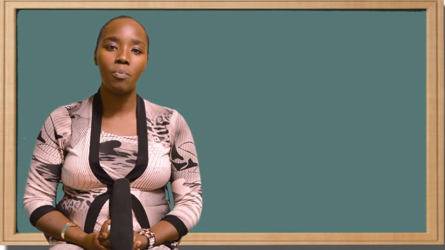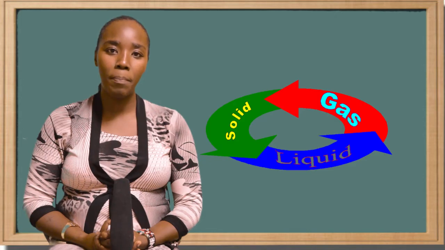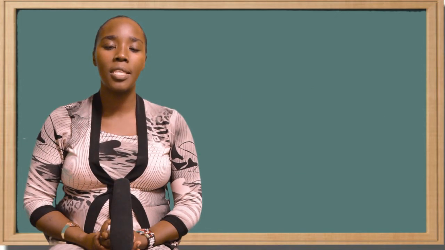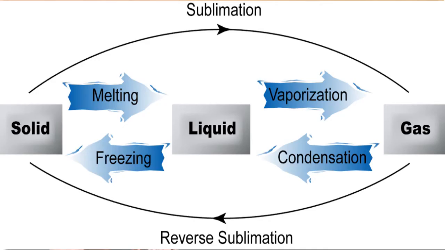They can change from one state to the other depending on anything that they are subjected to. So, if we have the solid, the liquid, and the gas, and we apply some slight heat, the solid will always change its state to a liquid.